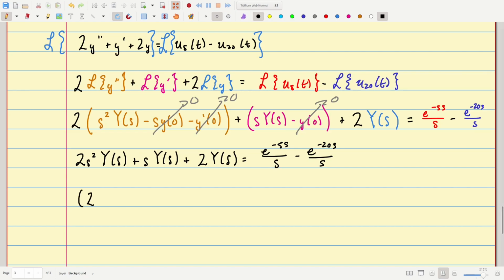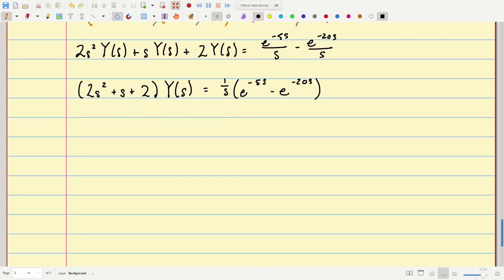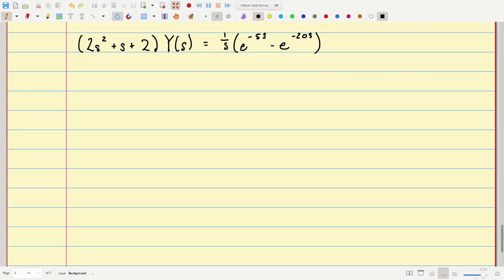On the left, we may factor the capital Y of s, and on the right, we can factor the 1 over s. And what we want to do now is to isolate capital Y of s by itself on one side of the equation.